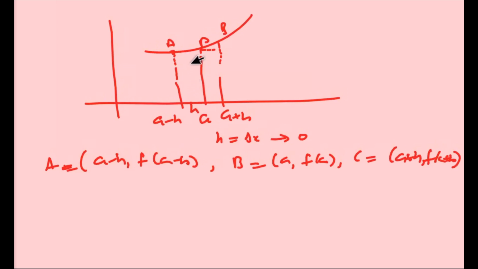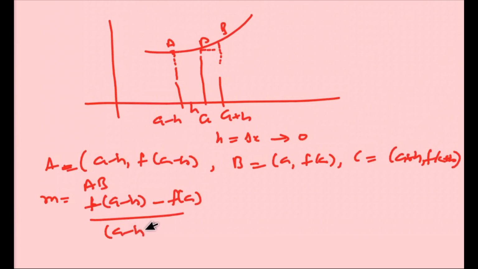So if we want to find the slope of the tangent, then the slope for AB is y2 minus y1 upon x2 minus x1, that is f(a minus h) minus f(a) upon the x difference, as h tends towards 0.